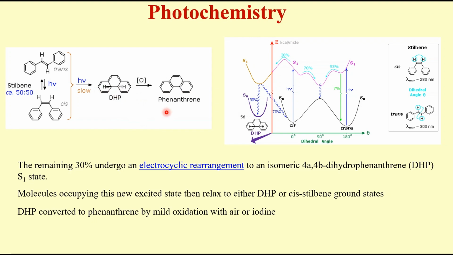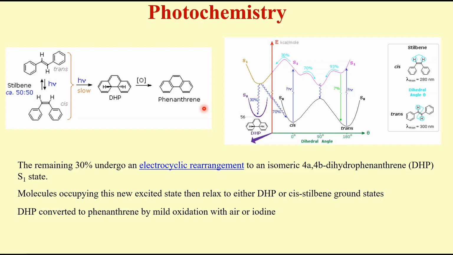As we know, oxidation is removal of hydrogen or addition of oxygen. Removal of hydrogen takes place to give rise to phenanthrene. This is all about the photoisomerization reaction followed by oxidation.